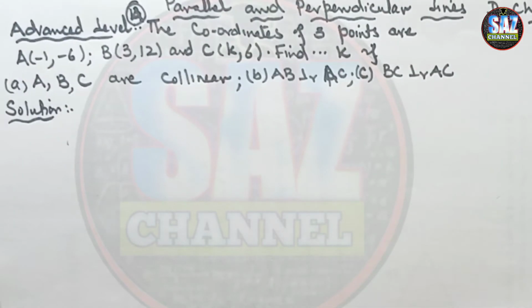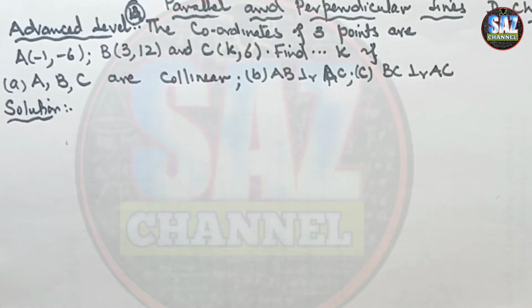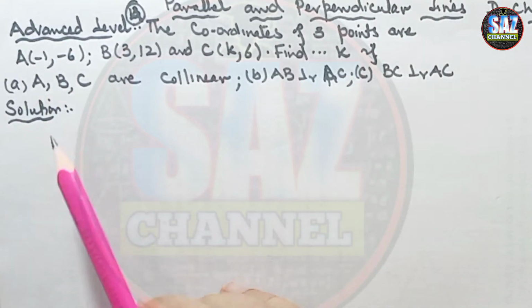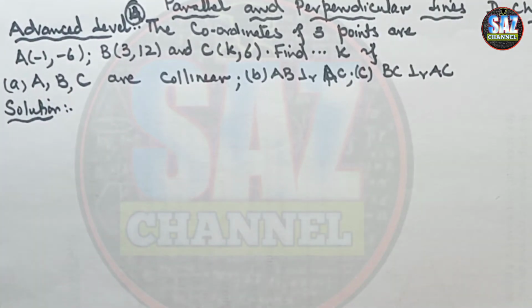I always tell my students that for coordinate geometry, it's really important to learn the formulas and keep the conditions in your mind. Here, there are two conditions which are important to understand. The first condition that we have to apply is that these 3 points are collinear.